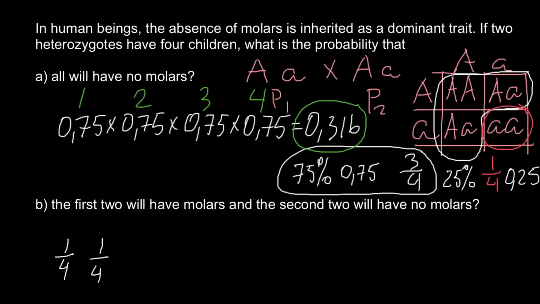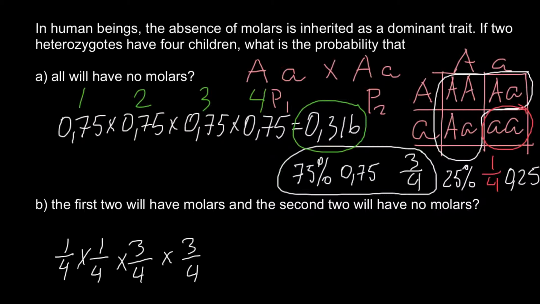And for the third child, the probability that the third child wouldn't have morals is 3/4, and the same probability, 3/4, for the fourth child.